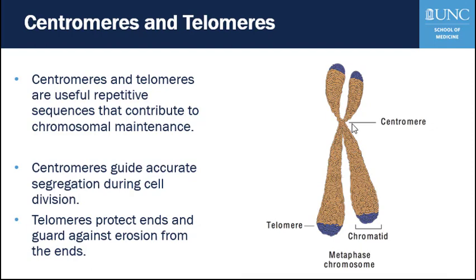And so if we first look at centromeres, they're important for guiding the chromatids to the daughter cells during cell division. And the placement of the centromeres relative to the length of the chromosome is different for each chromosome. Centromeres can be in the center of the chromosome, like the name suggests, or closer to one end. And so centromeres consist of some defined sequence elements, but they're mostly less well-defined repetitive sequence.